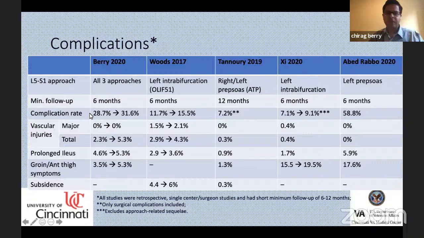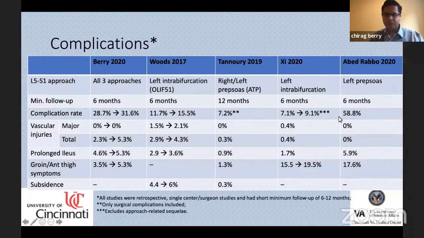For the entire series, the complication rate was 28%, but considering only patients with L5S1 inclusion, the rate went up to 31%. It went from 11 to 15% when L5S1 was included in the paper from Woods, and from 7 to 9% in patients for Shi.